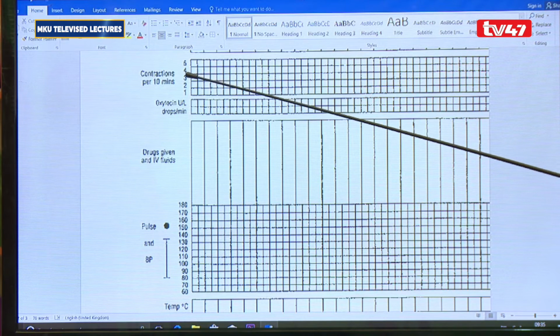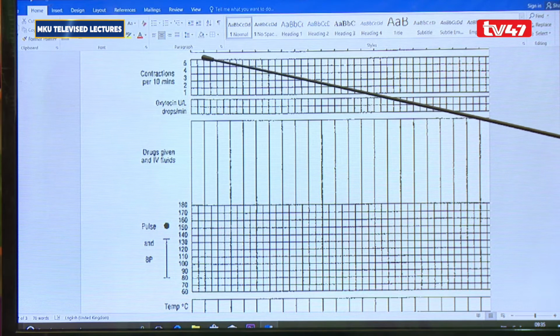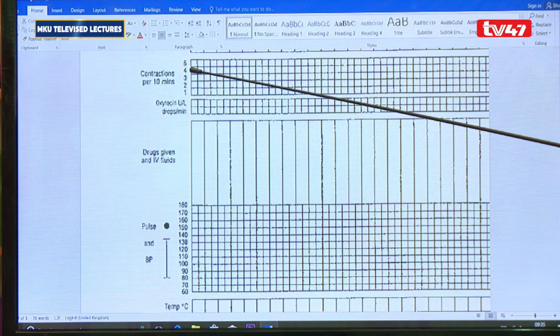But they are done every 10 minutes. When a mother is about to deliver, the contractions become more severe, lasting over 40 seconds, and they also become more frequent. They may be 3 to 4. 5 is not very common.